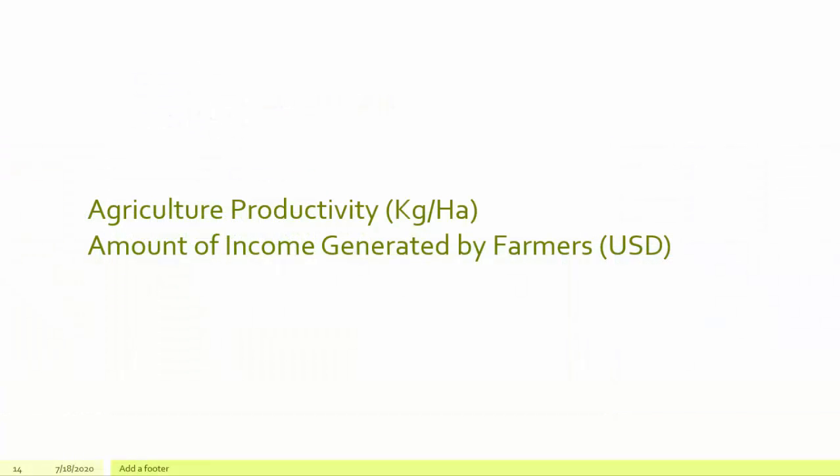The most common indicators I've seen are about agriculture productivity, because ultimately you want the farmers to produce more. And when they produce more, that should attract better pricing. Even when they produce more, the quality of their produce should be attractive to any buyer around the world, whether locally or internationally.